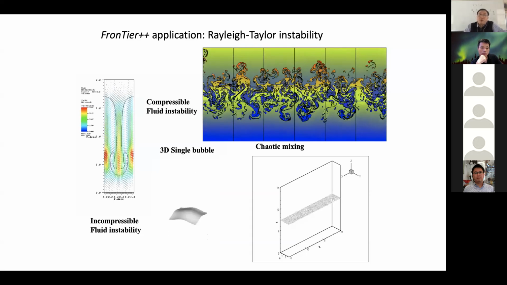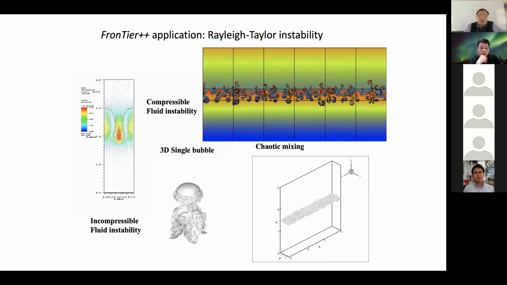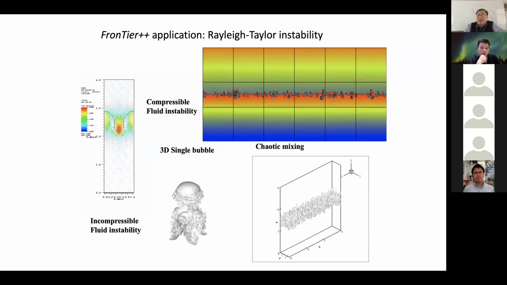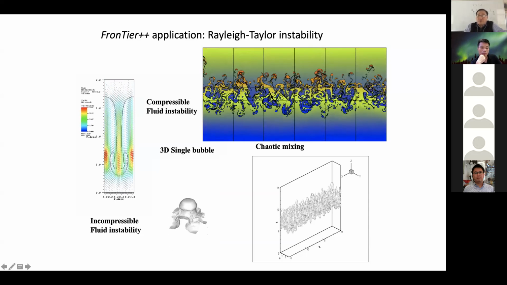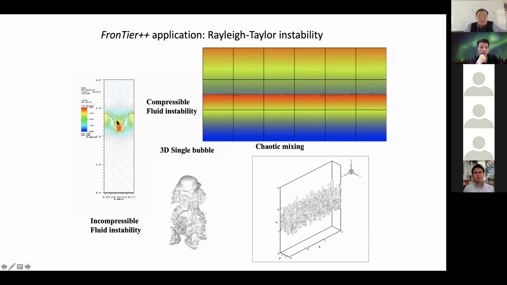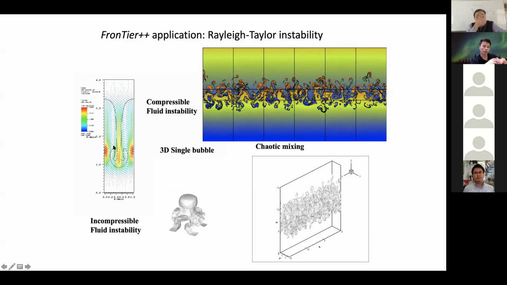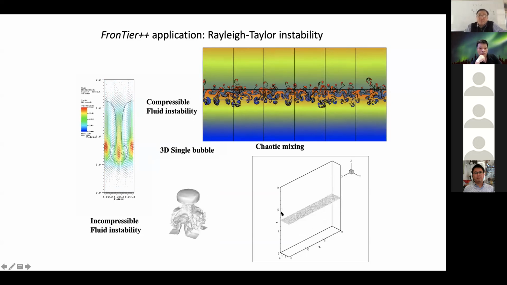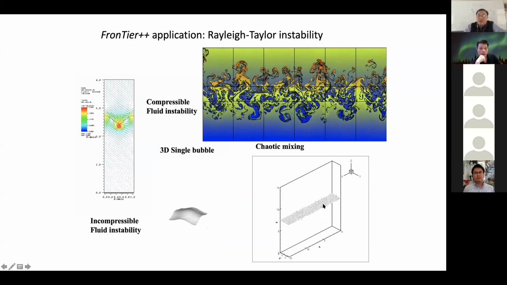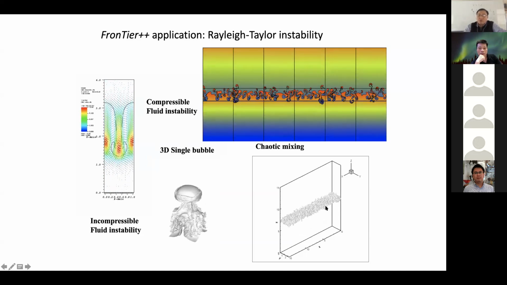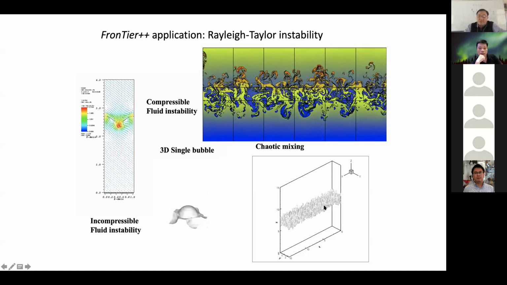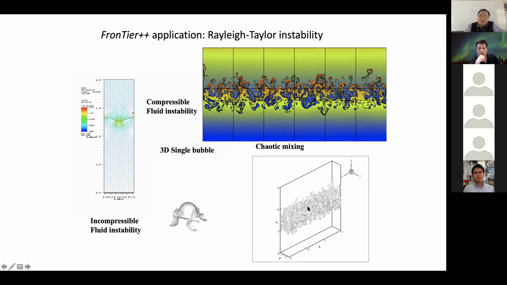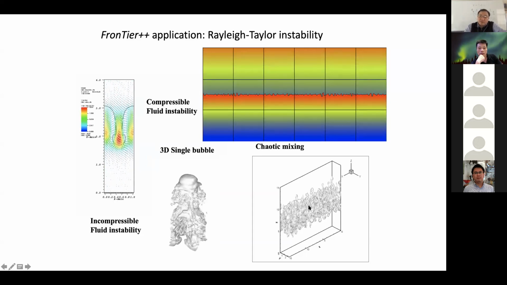In particular, we applied, I think Xingfeng also joined this project, the study of the Rayleigh-Taylor instability. This is two-dimensional Rayleigh-Taylor instability. This is Rayleigh-Taylor instability for incompressible fluid, and this is a 3D bubble. And this one is what we want to study and compare with the experiment by the British Atomic Weapons Establishment.